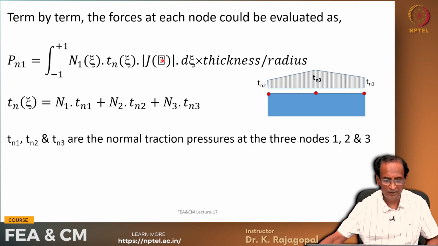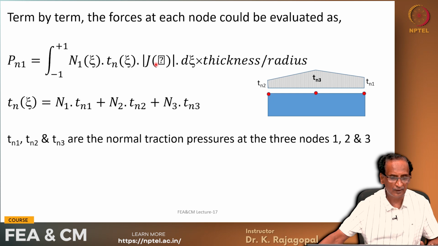Sorry, I think this should be xi, but because of incompatibility between different computers this happens, and I will correct it later. So, our normal force at node 1 is N1 times Tn, and then the Jacobian at different xi's, integrated over minus 1 to plus 1.